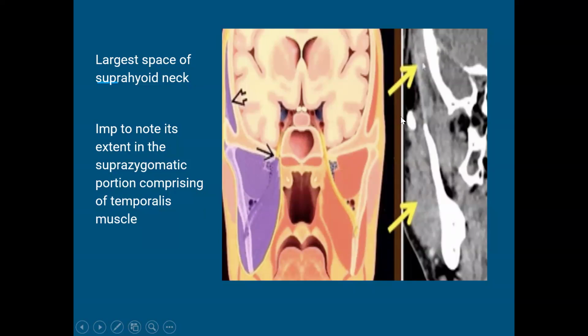We can see this is the zygomatic arch, and we have the infrazygomatic and suprazygomatic portions of the masticator space. So this slide was just to highlight that the superior extent of the masticator space needs to be kept in mind, because it's quite a large space.